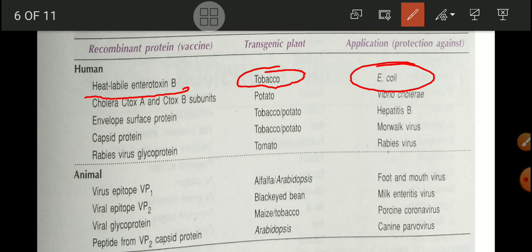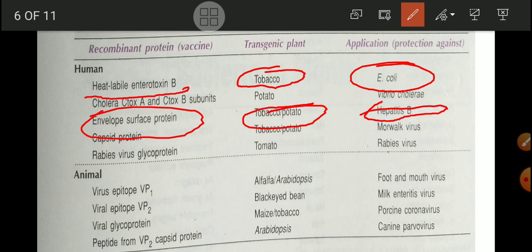Envelope surface protein can be produced in tobacco and potato, because potato is eaten by everybody, protecting from the attack of hepatitis B. Rabies virus glycoprotein, a recombinant protein or vaccine, can be produced with the help of a transgenic tomato.